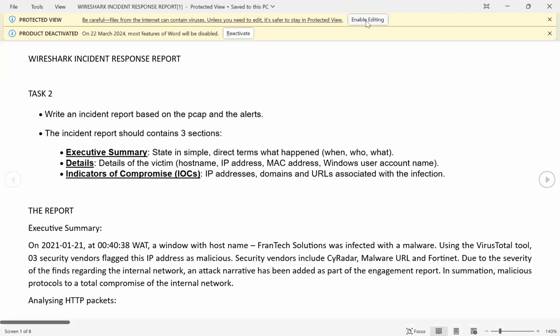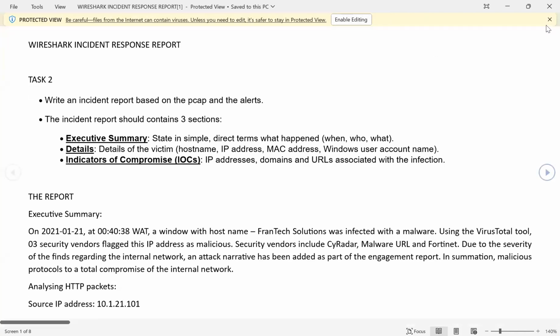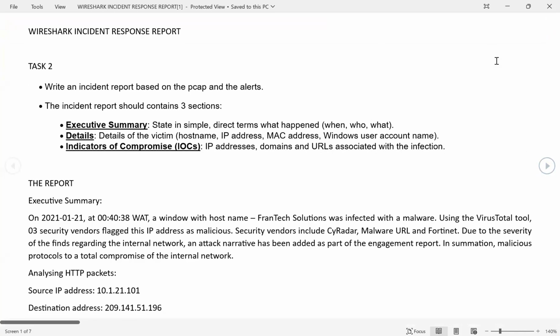Hey, good evening, everyone, once again. Okay, I started with the executive summary. The first question says, state in simple, direct terms, what happened, when, who, and what. So I start with the date. It was the 21st of January. The time, I got it when you click on the very HTTP packet, the one I analyzed.